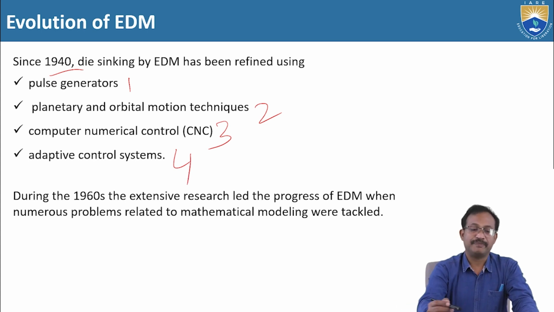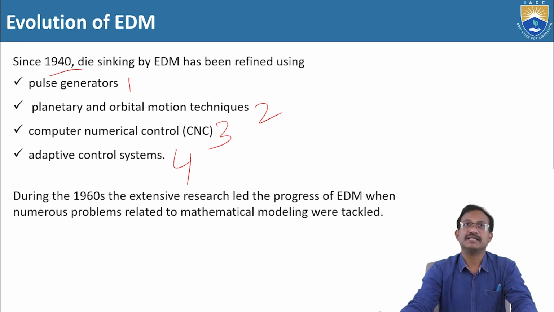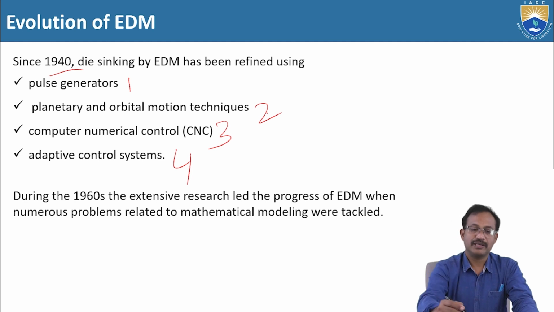Now let me repeat: pulse generators, planetary and orbital motion techniques. Third one, computer numerical control. Fourth one, adaptive control systems.